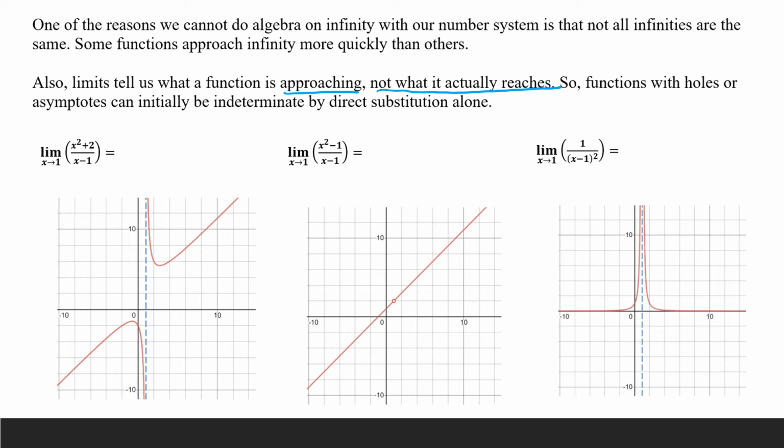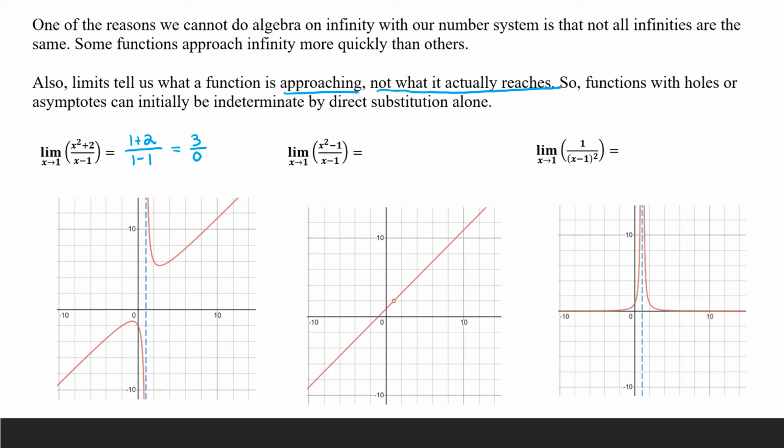So let's take a look at the limit as x approaches 1 of the quantity x squared plus 2 over the quantity x minus 1. If we try direct substitution, we're going to end up with 1 plus 2, because 1 squared is 1, over 1 minus 1, which gives us 3 over 0. And we just can't really tell what's going on there.